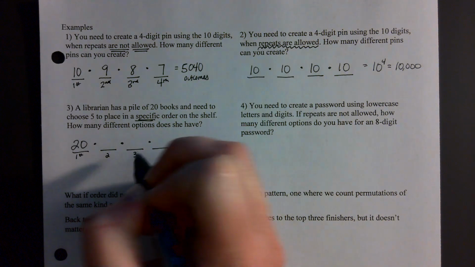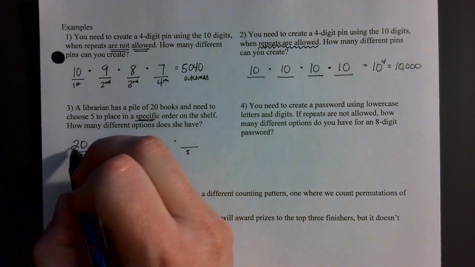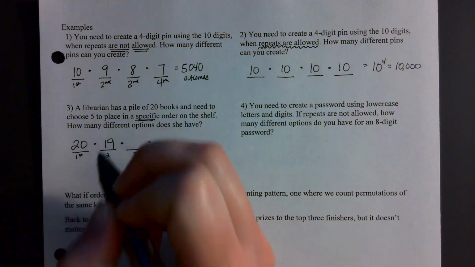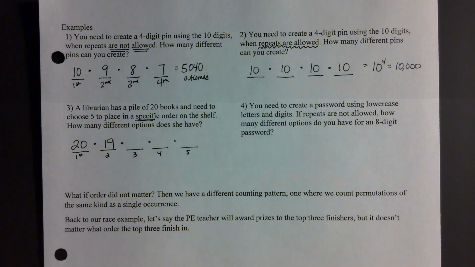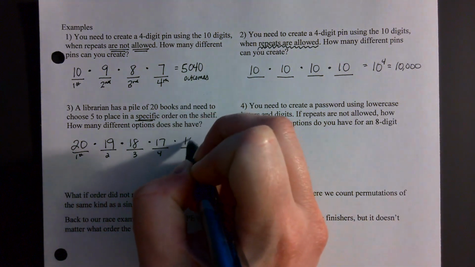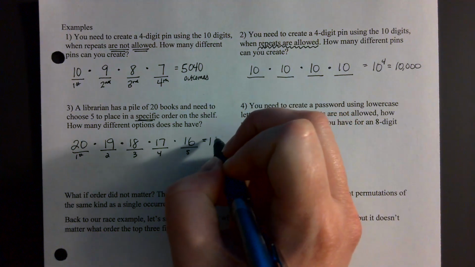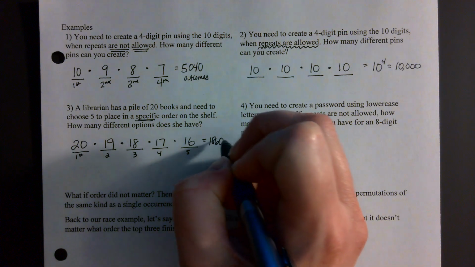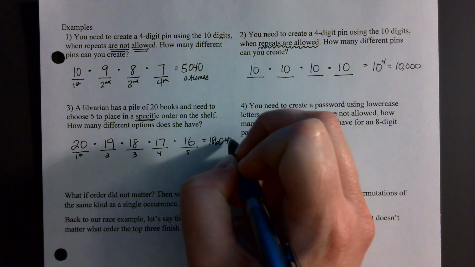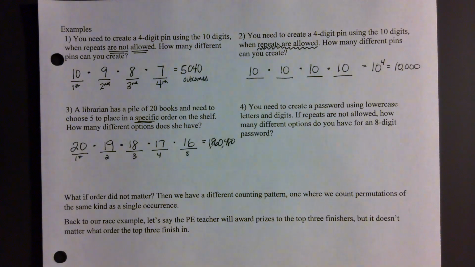Once I choose the first one, obviously it can't go in the second place. So we have 20 times 19 times 18 times 17 times 16. We multiply those together and we get 1,860,480 options.